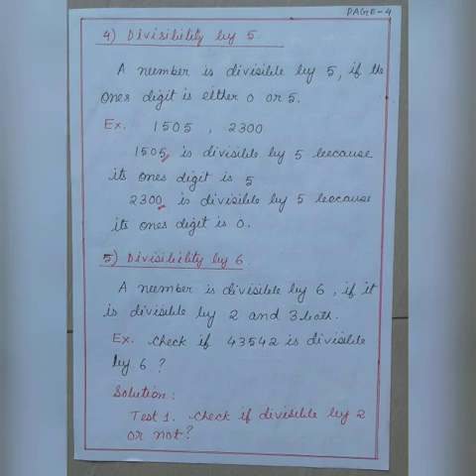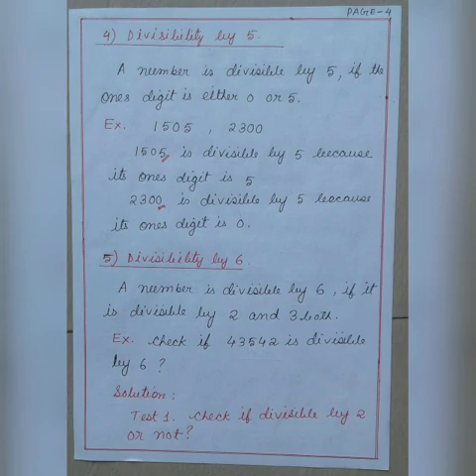Number 5, divisibility by 6. To check the divisibility by 6, we have to test two times. The first test is to check if the number is divisible by 2 or not. The second test is to check if the number is divisible by 3 or not.